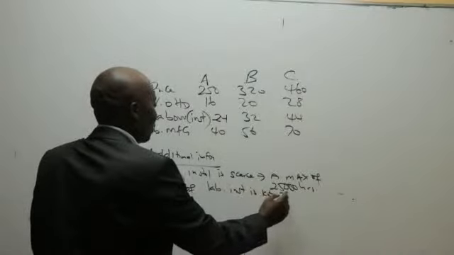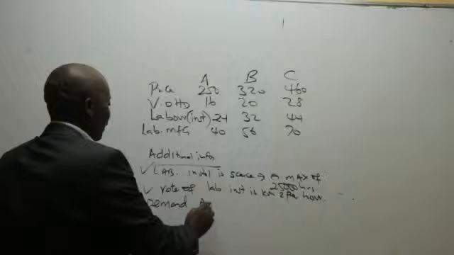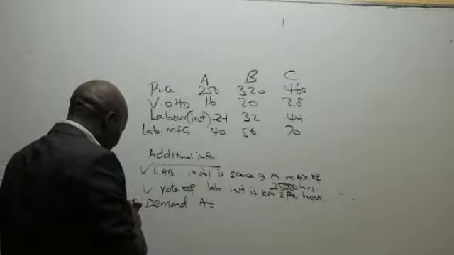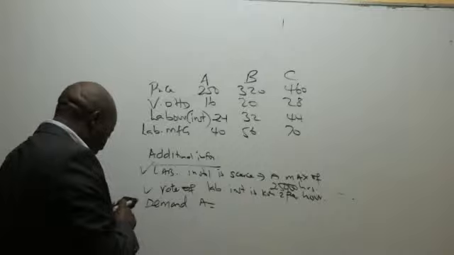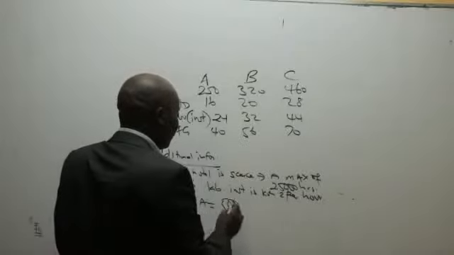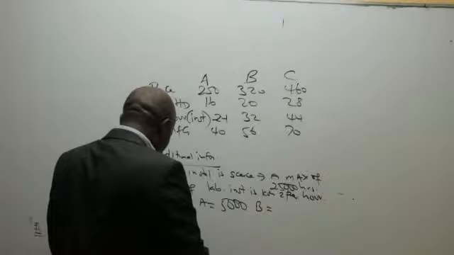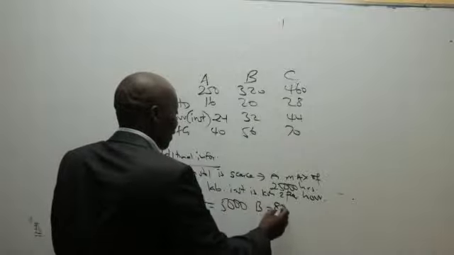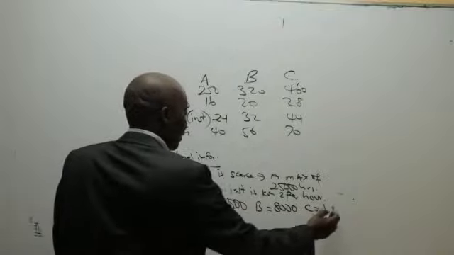And then they have given us demand. A is 5,000. B is 3,000, is it 3 or 8? I'm not so sure. 8,000. And then C is 18,000.